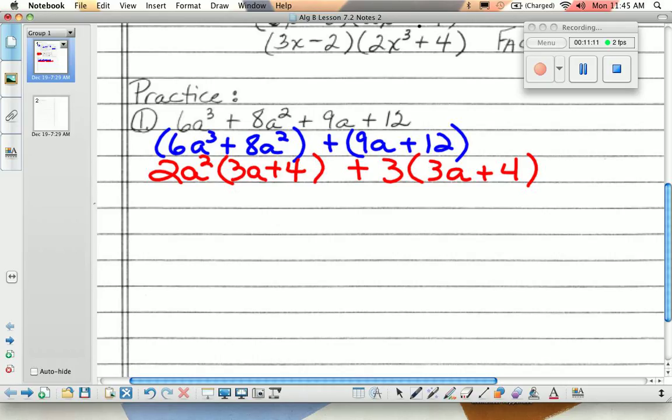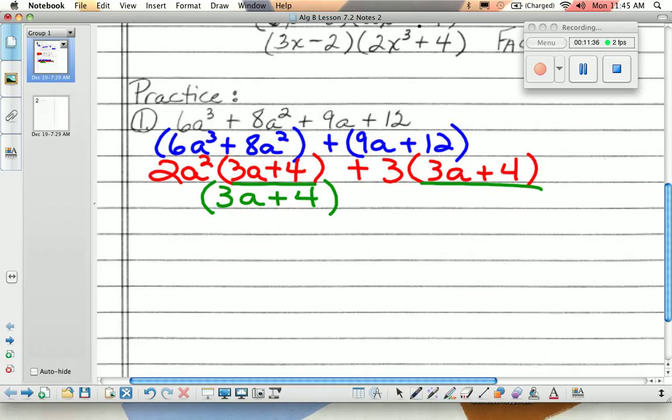So where do you get the factor name at? This is the one they have in common, so that becomes the first factor. It's the GCF of the whole thing. Remember, when you GCF, you have to divide the GCF out of each piece.